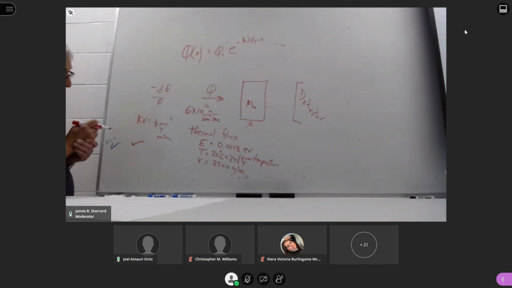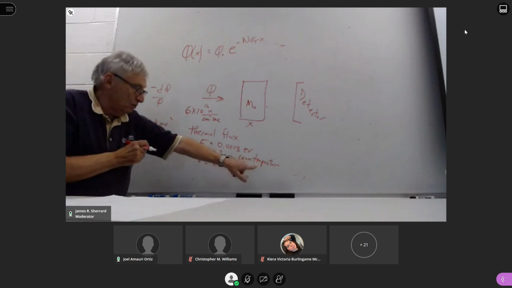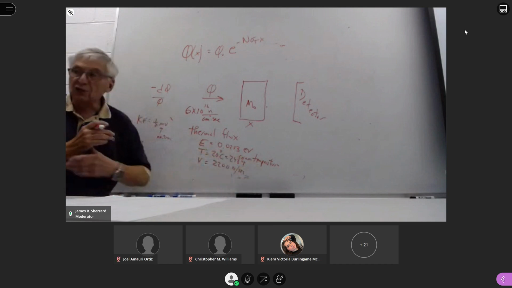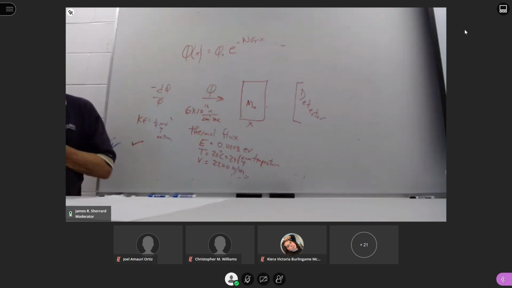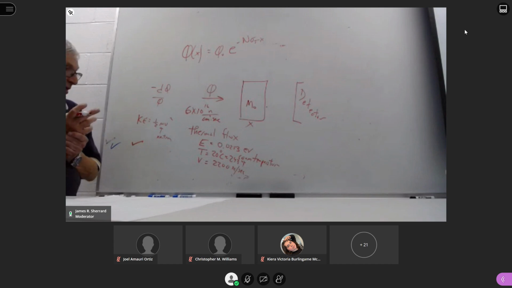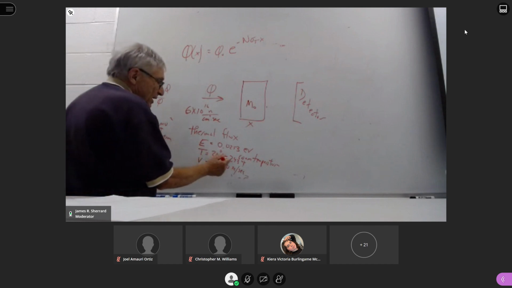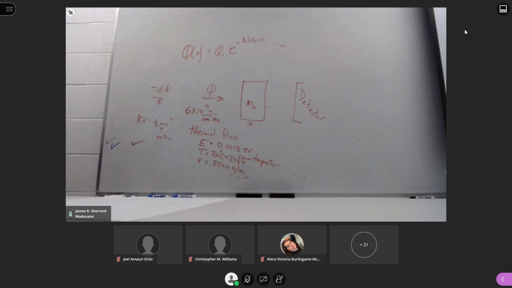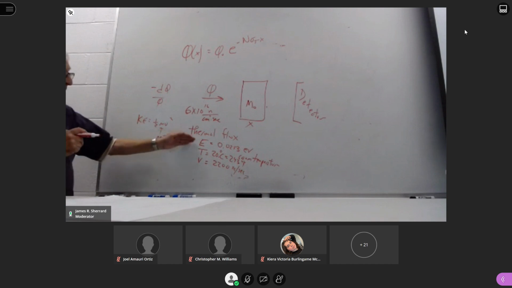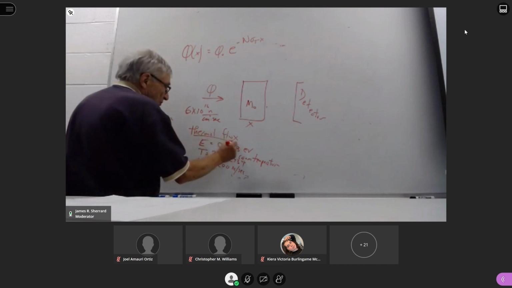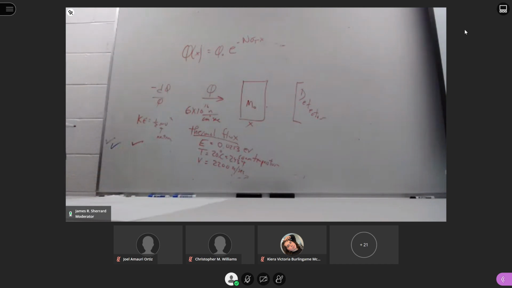Room temperature is considered to be 20 degrees Celsius, 293 degrees Kelvin, where this is centigrade and this is an absolute value. So this is how you define thermal flux. It's also how you define a single neutron in it, which is a thermal neutron.